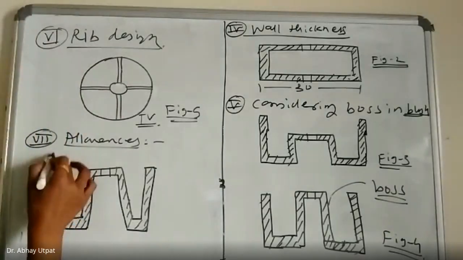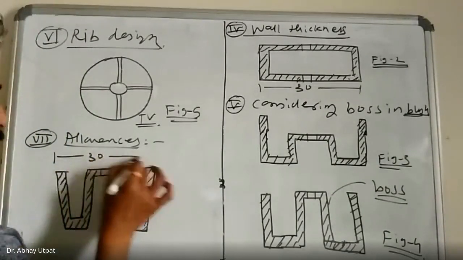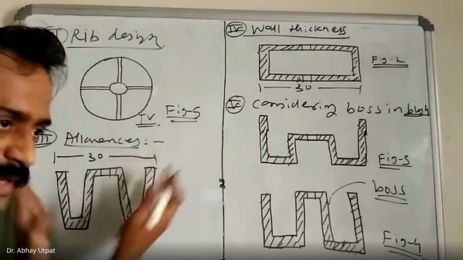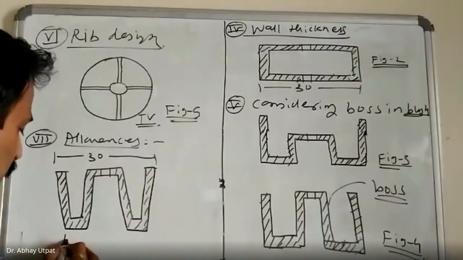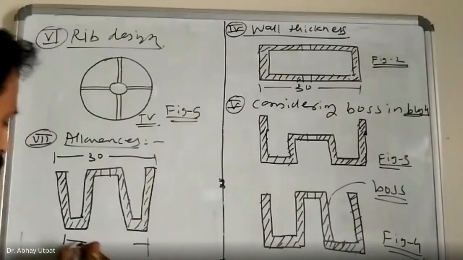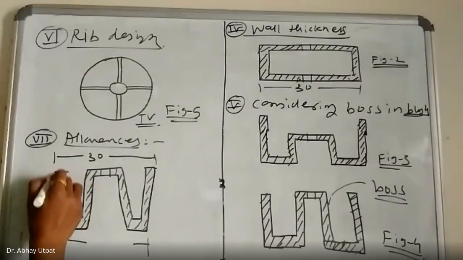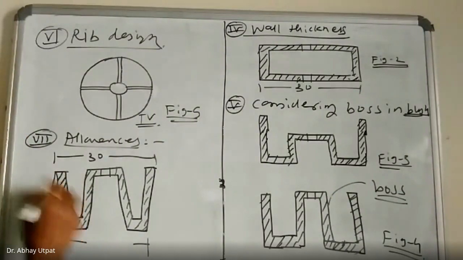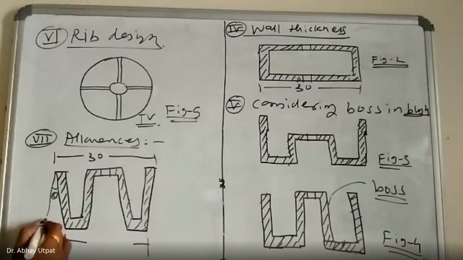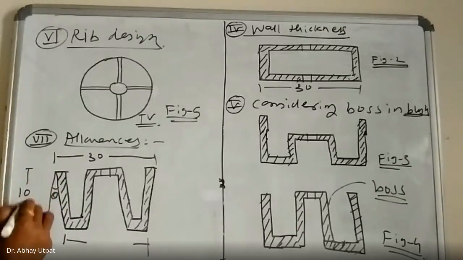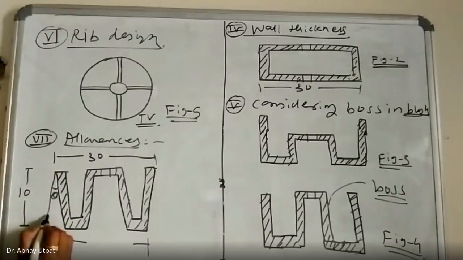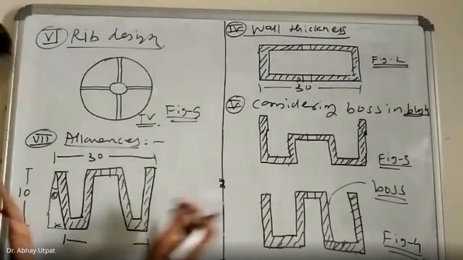If you keep this base size as 30 mm and provide the taper, then this will be decreased. Yes or no? Then how to calculate this? This is angle theta. This height is 10 mm. Then you have to find out this distance x, how much size is pressed from the bottom side.